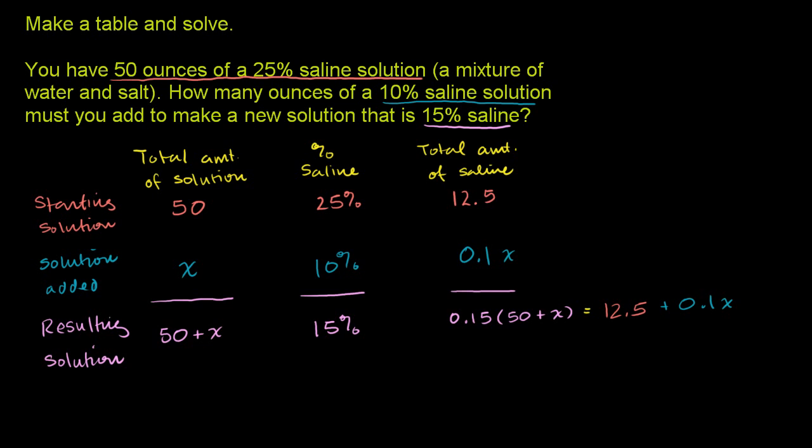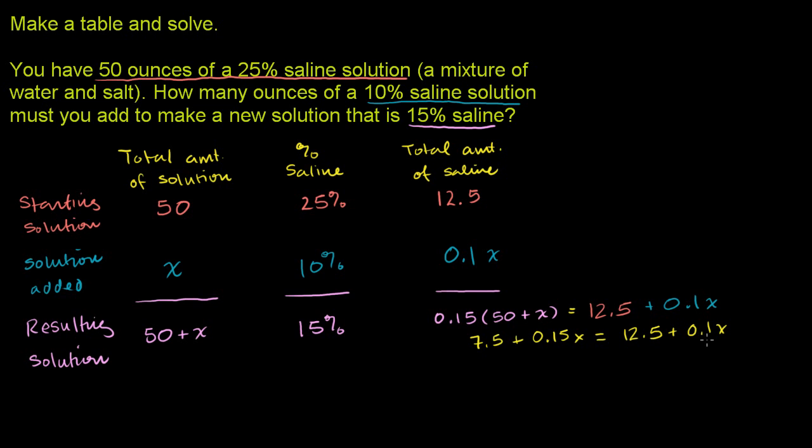So let's just do that. 0.15 times 50 is 7.5, because 0.15 times 100 would be 15. So this is 7.5 plus 0.15x, that's the left-hand side, is equal to 12.5 plus 0.1x.